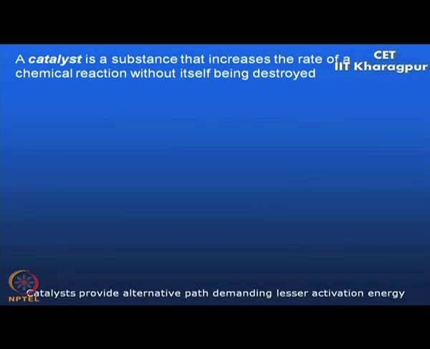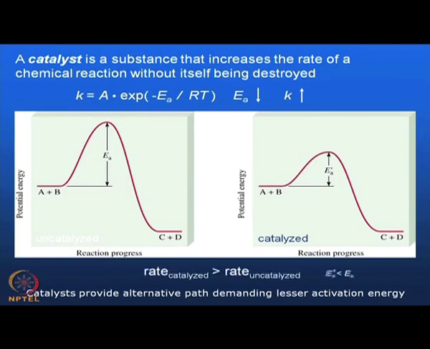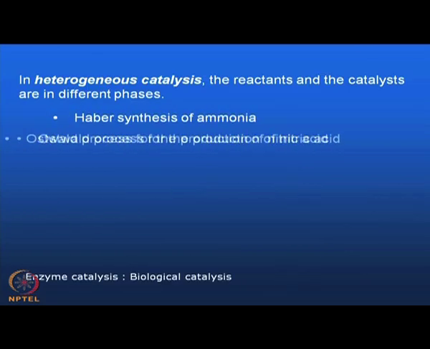Then I gave you a very short introduction of catalyst. What is a catalyst? A catalyst is a substance which provides an alternate path, the path which demands lower activation energy, or you can say that it lowers the activation energy by providing an alternate path. We also discussed 2 examples.